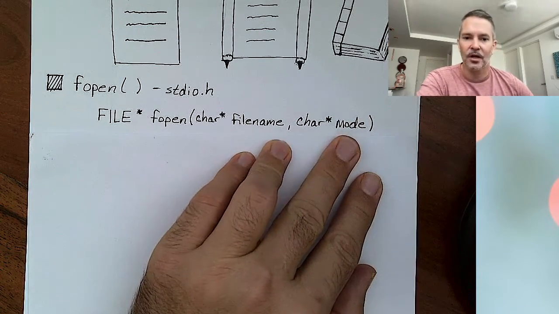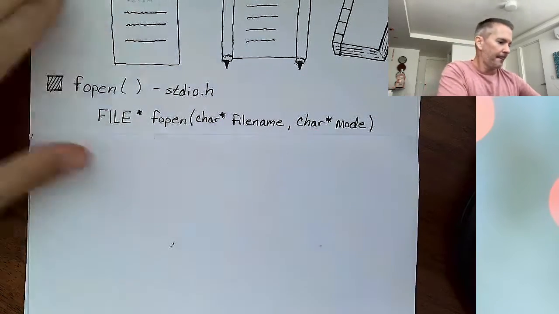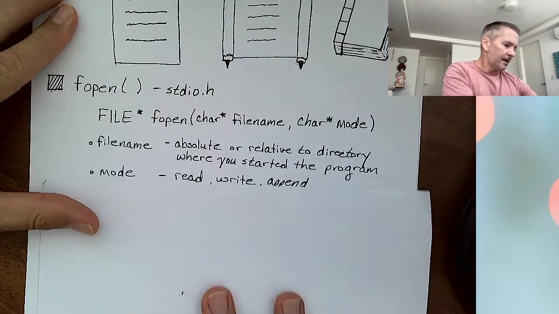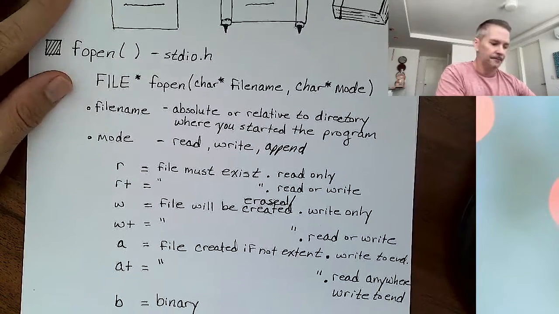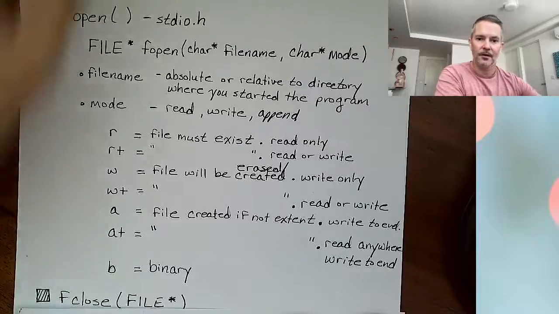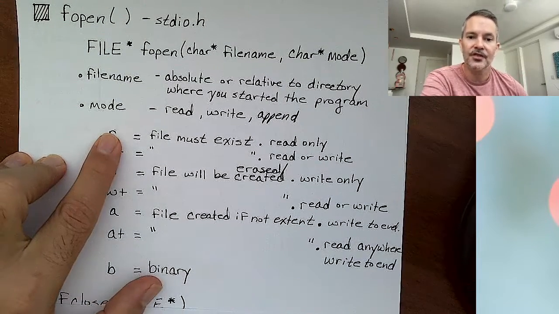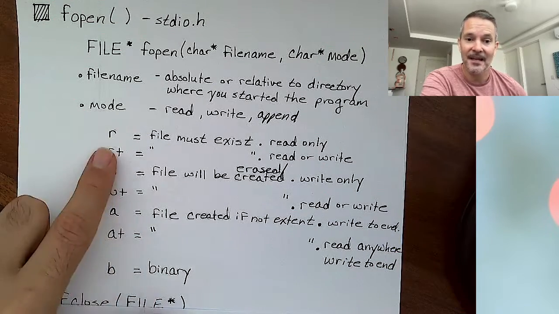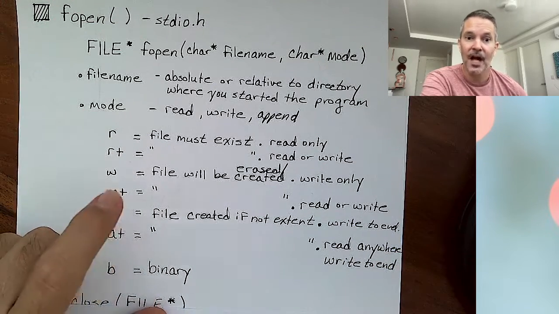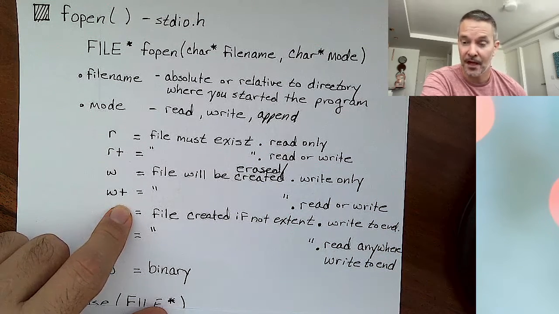And the last part of the fopen function is a mode. So I've written here a quick primer on the mode. The mode is just a string that contains a set of characters that describe to the file open command what do I want you to do with this file?